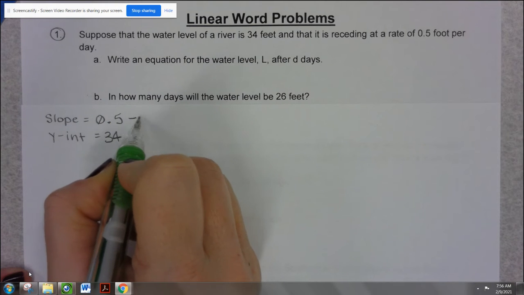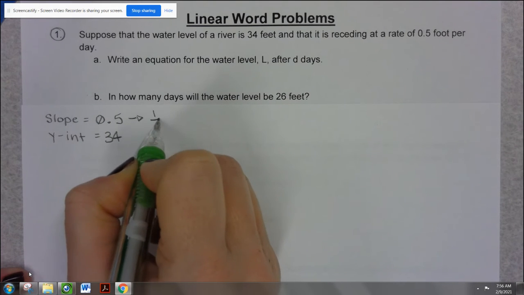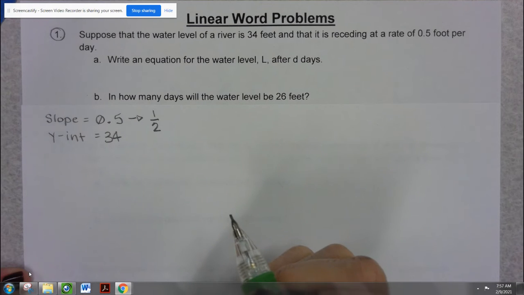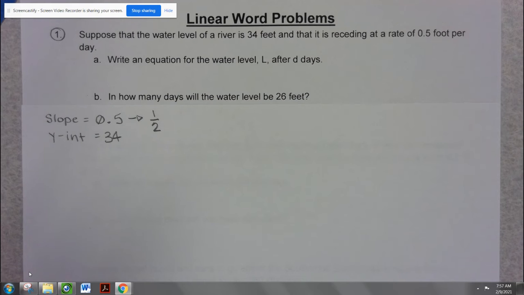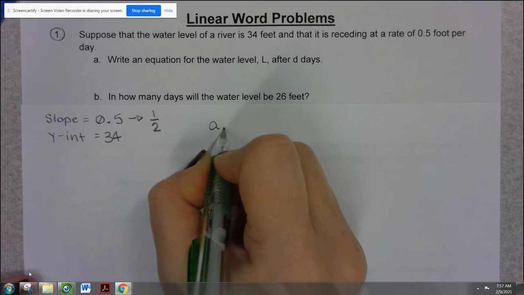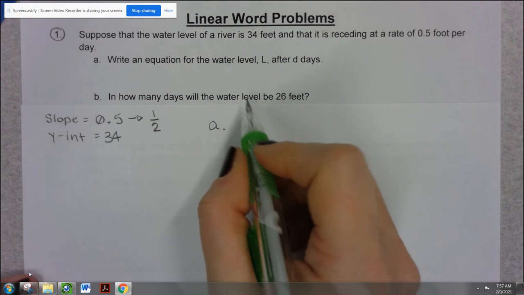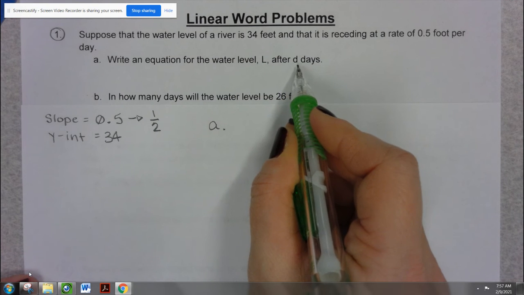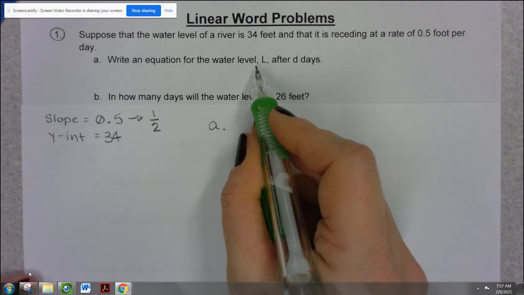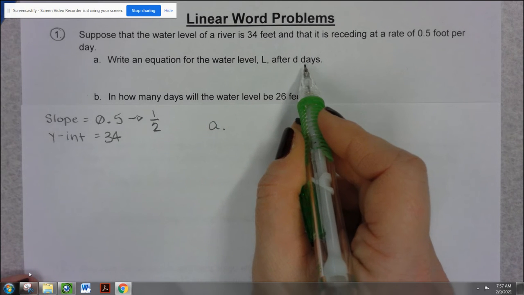Now, I am going to rewrite this as a fraction simply because of where we have to go with this. So for part A, my equation would be, now they're using L and D, so water level is L, D is days.